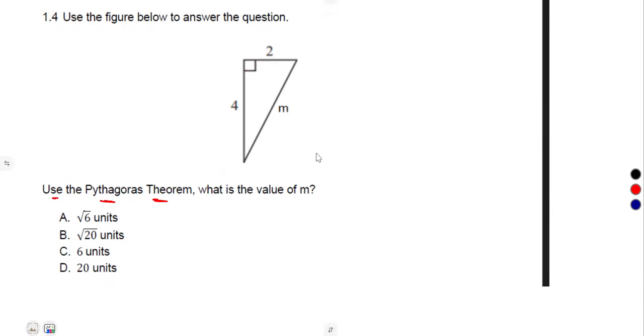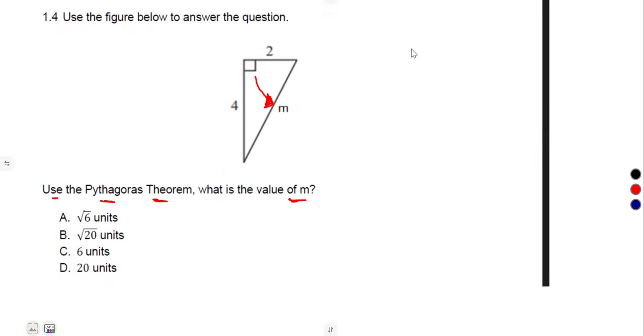What is the value of m? So m is the hypotenuse, the one that is opposite to the 90-degree angle. We understand that is the longest side, our hypotenuse.